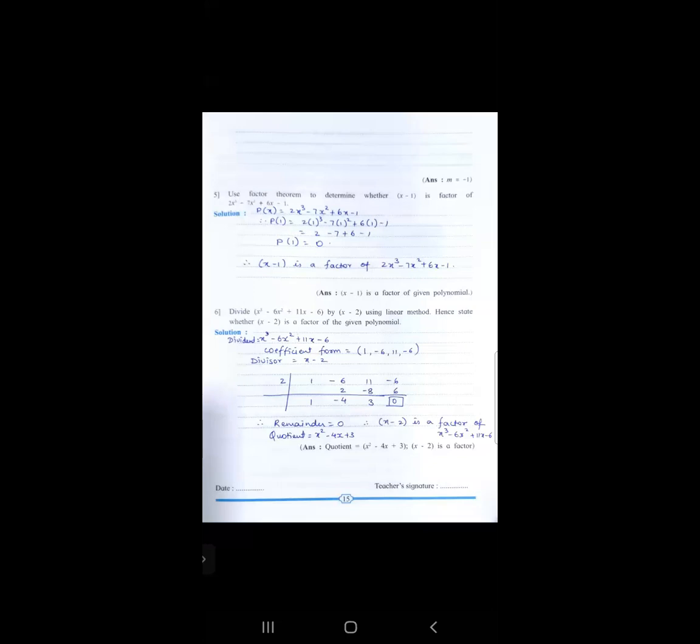So you should know the basics and then move on to the bigger sums, because all these questions are for 3 to 4 marks, but the basics, the 1 mark, 2 mark or activity based questions, you should know.